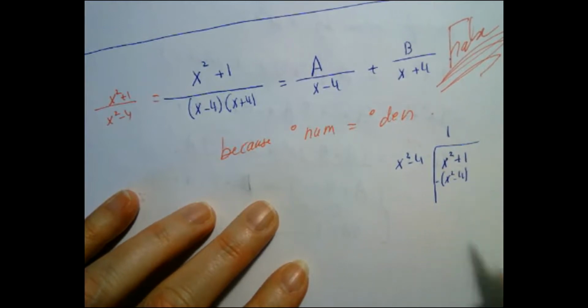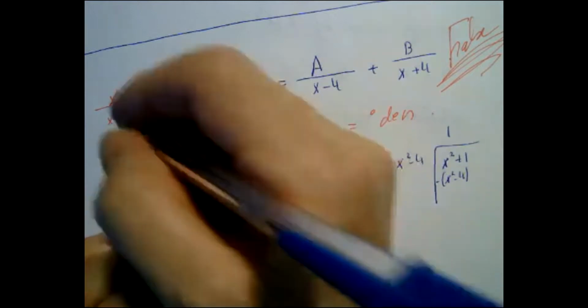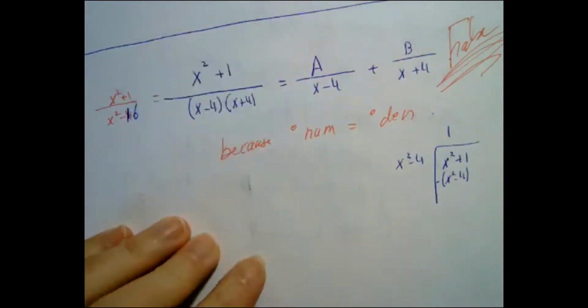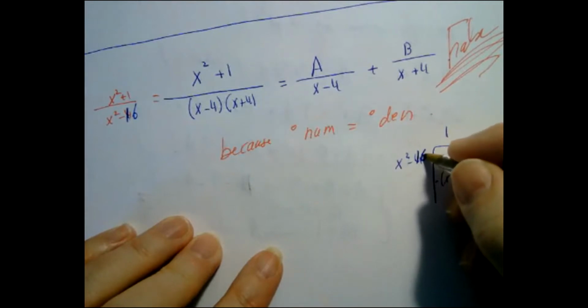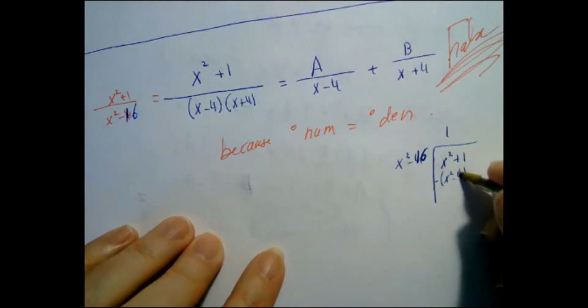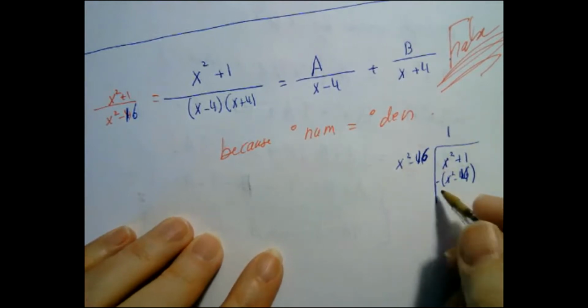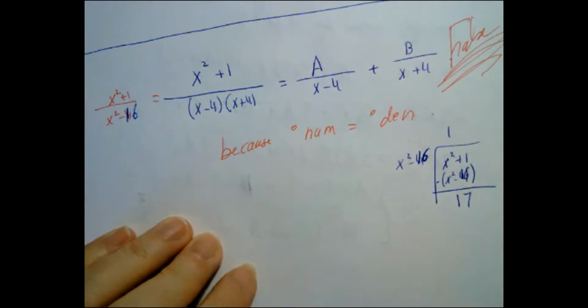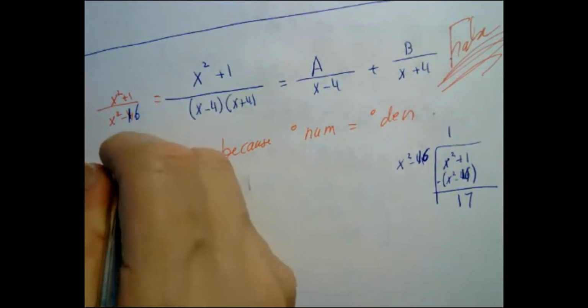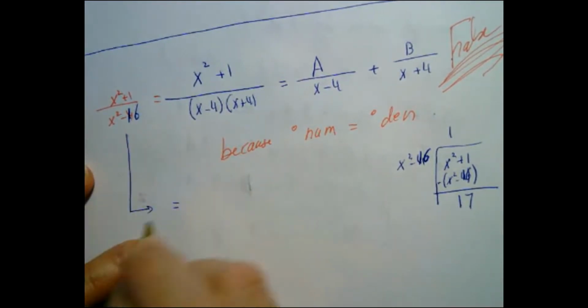Would it be x squared minus 16? Yes, of course. I always do stupid mistakes, don't I? Thank you very much. Okay. Very good. So this will give me 1 minus, minus, it gives me a 17. So if you want to decompose this, it is going to be equal.